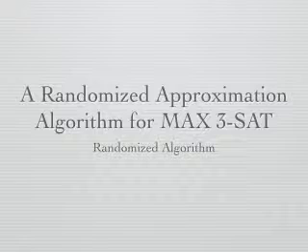What then? A natural approach, if we can't find a truth assignment that satisfies all clauses, is to turn the 3-SAT instance into an optimization problem. Given the set of input clauses C1, C2, C3, and so on to Ck, find a truth assignment that satisfies as many as possible.